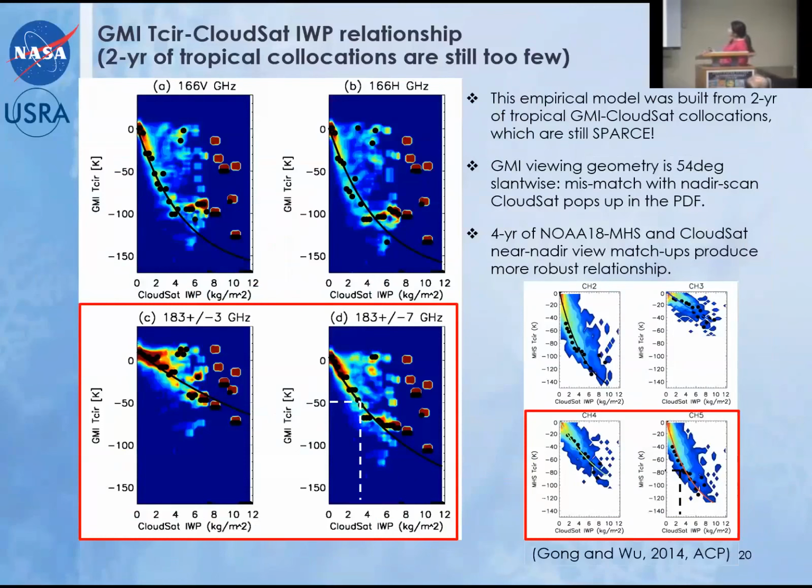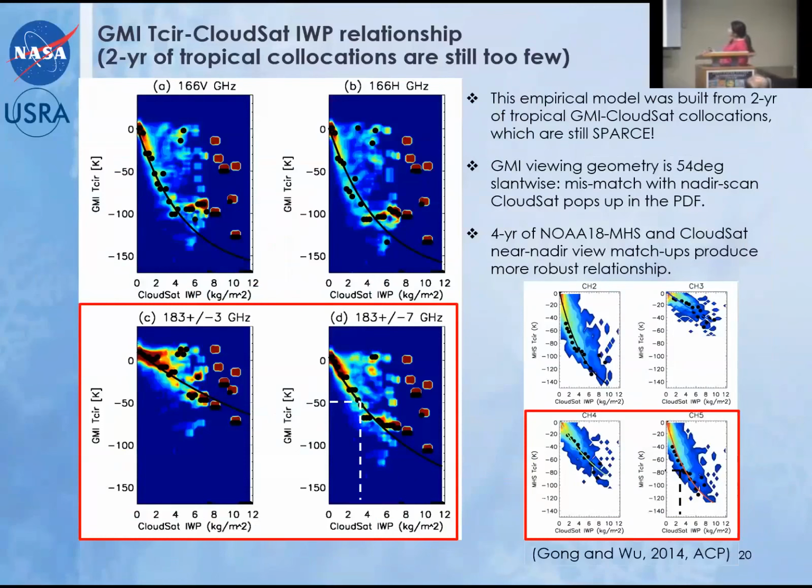But for GMI, since it has a 54-degree slantwise view angle, it's always mismatched with CloudSat in terms of the collocation. So there's a large variability, or you can say it's the inside footprint inhomogeneity that causes all these noisy points here.